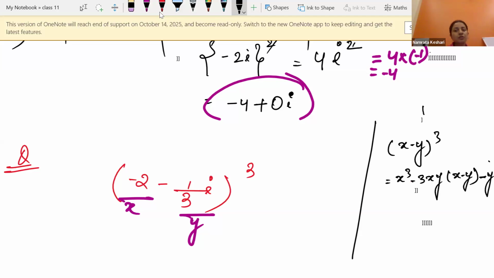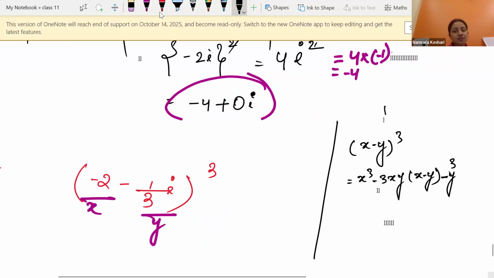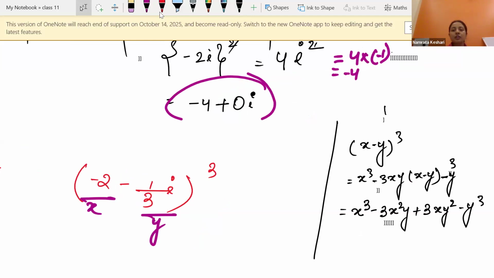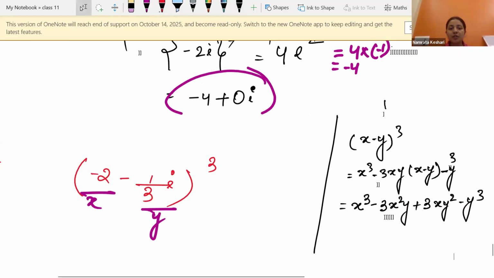You must have seen another version of the same formula: x cube minus 3x square y plus 3xy square minus y cube. Either you know the second step or the third step, same formula. Yes or no? Yes, ma'am. Okay, we are going to use this formula.